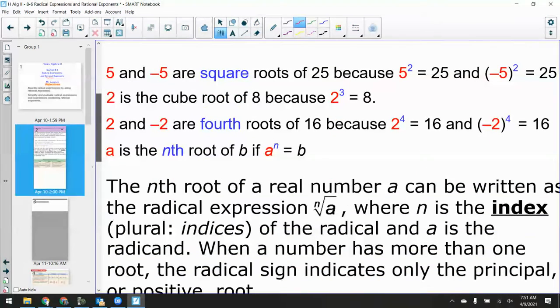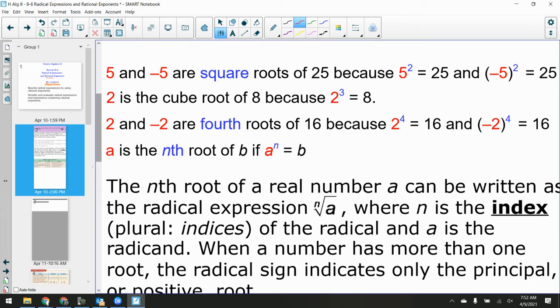So 5 and negative 5 are square roots of 25 because 5 squared is 25 and negative 5 squared is 25. So 2 we could call the cube root of 8. Why? Because if I take 2 times 2 times 2, I multiply it over on itself 3 times, I get 8. Right? 2 and negative 2 are called the fourth roots of 16 because if I take 2 times 2 times 2 times 2, repeated multiplication 4 times over on itself, I get 16.